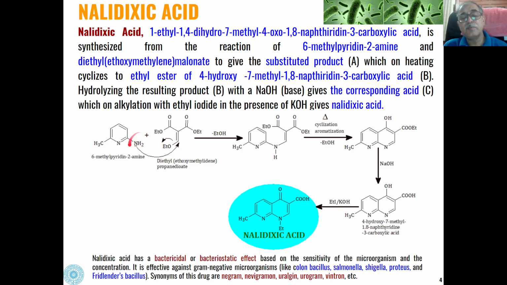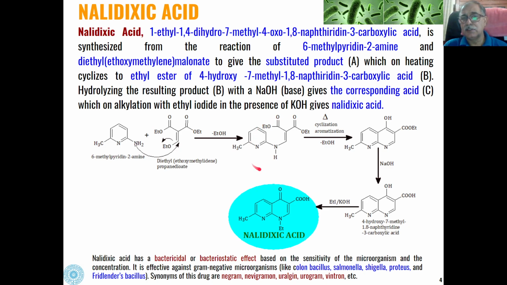This amino group will act as a nucleophile and attack this electrophilic carbon with the elimination of ethoxy group from here and H from here. Basically, ethanol is removed with the formation of a carbon-nitrogen bond at this place.